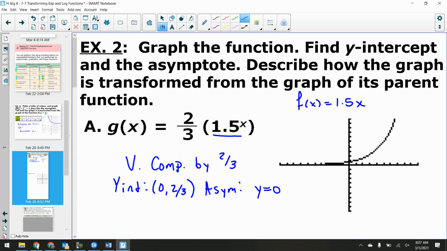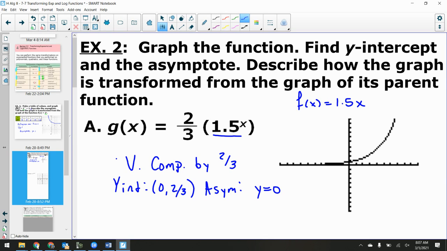And again, when I ask you to give me the equation of the asymptote, I want an x equals or y equals. Don't just give me a number. And you'll see why here in a second. Describe how the graph is transformed. We did that. That's the vertical compression by 2/3. And there it is. We've done everything, I guess. There we go. Questions about that?